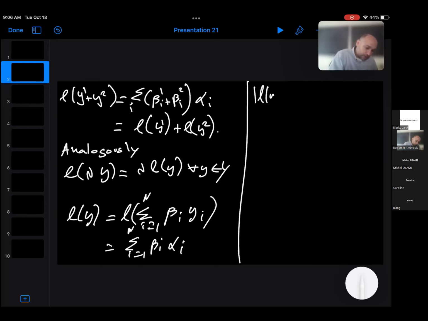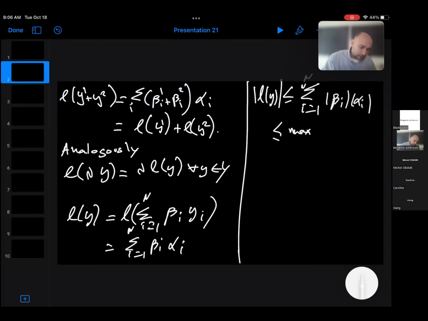I deduce that the norm of L of y in R or C is less than the sum from i equals 1 to n of beta i alpha i. And so this is less than the max over i of alpha i times the sum of beta i. Now here's the point: this is a norm on Y, the norm 1.